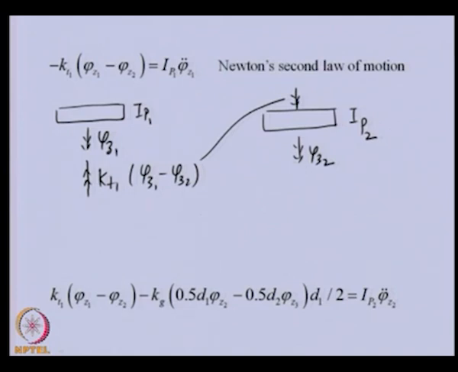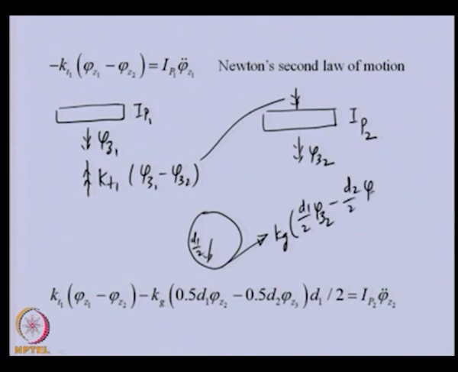So, for that case, you can see this is gear 1 having radius d1 by 2, and this kg is the stiffness of the linear spring, and the relative extension of the spring will be phi z2 minus d2 by 2 phi z3.